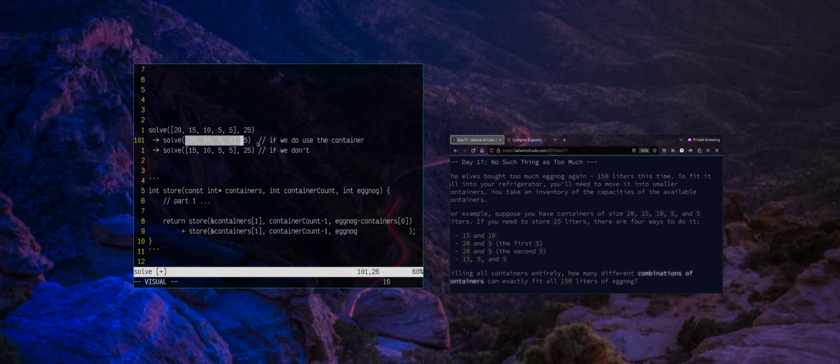So now we're left with how many ways can we distribute 5 liters into these containers. And we can also imagine another scenario in which we never use this container with 20. We just straight ignore it. We don't bother using it.